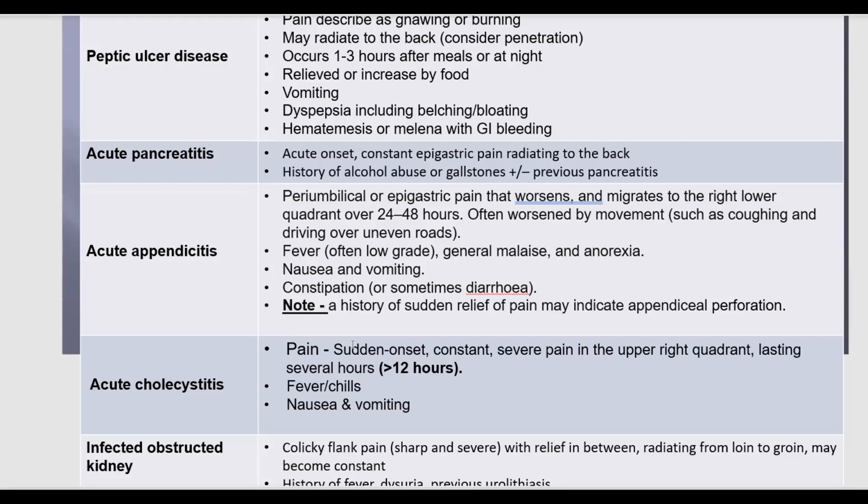It is not necessary. If it is acute cholecystitis, the patient doesn't need surgery. But if there is a history of gallstone, then the patient should go for surgery. Good, very good. You said right, but I want to tell you, most likely it is due to gallstone.